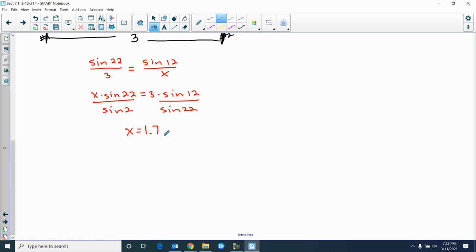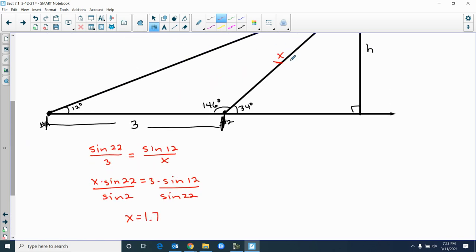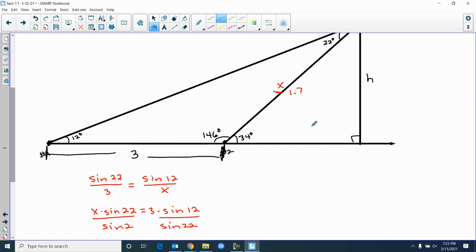All right, so we got 1.7 there, and now we have enough information to find our height. So 1.7 goes here. If you have a right triangle, law of sines works for the right triangle, but you don't need to use it. We can just use regular SOHCAHTOA. Opposite would be H, hypotenuse would be 1.7.